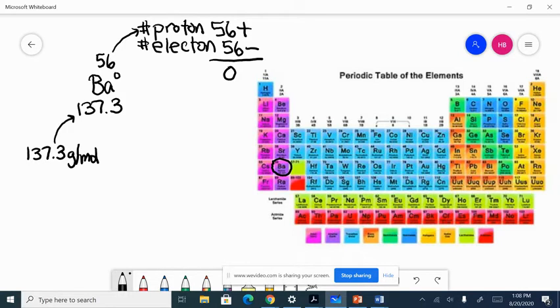So let's just take our most common isotope of barium, which is barium 137. That means that particular atom and all the atoms like it are going to have a mass of 137 AMU. This mass of 137 AMUs is the number of protons plus the number of neutrons.